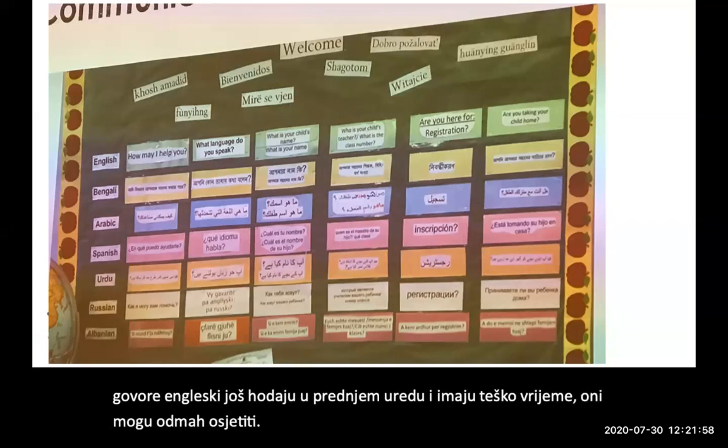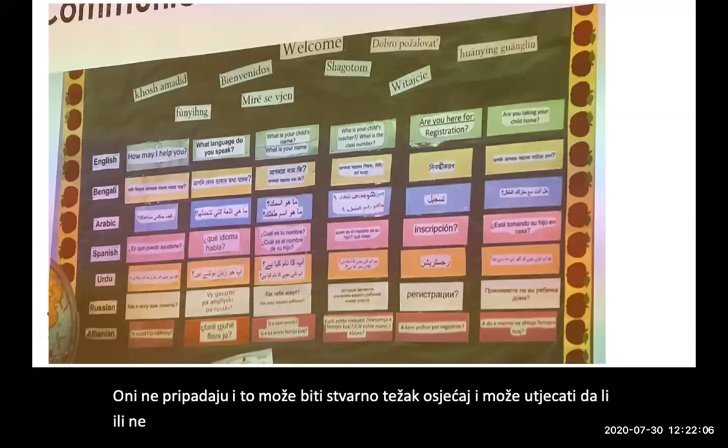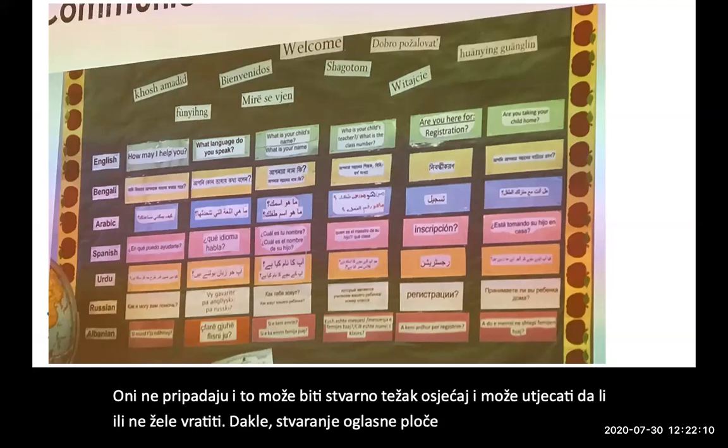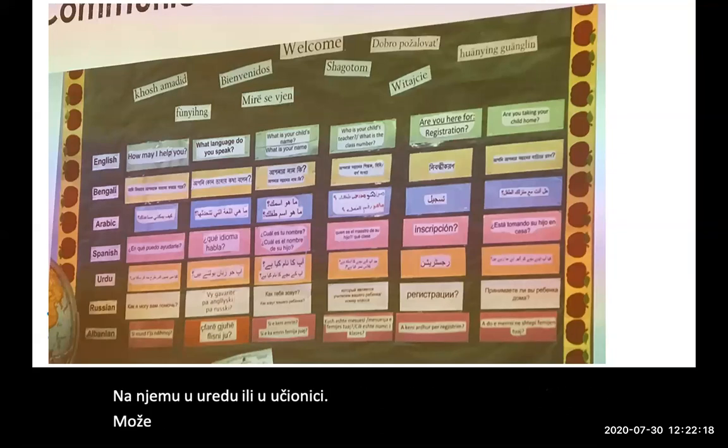And that can be a really difficult feeling and may affect whether or not they want to come back. So creating a bulletin board with your top 5 to 10 languages on it at the front office or in your classroom can instantly help your families feel more welcome.